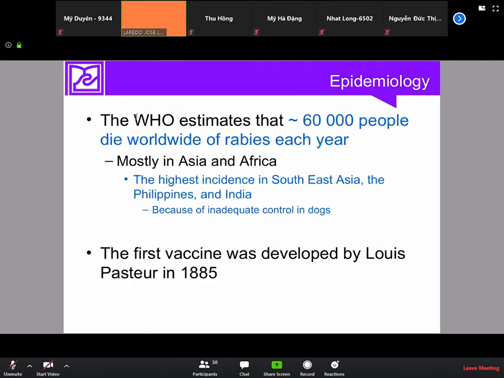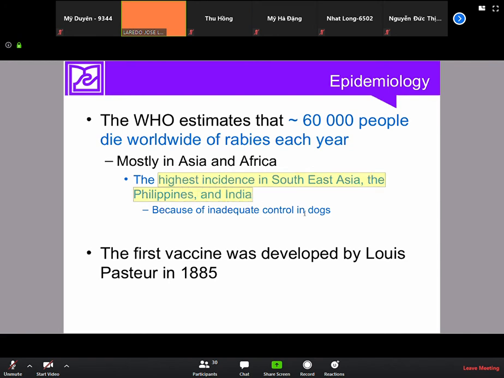Currently, the World Health Organization estimates that around 60,000 people die every year because of rabies, mostly in Asia and Africa. The highest incidence of rabies is found in Southeast Asia, also in Vietnam. This is an important problem in Vietnam, in the Philippines and India.